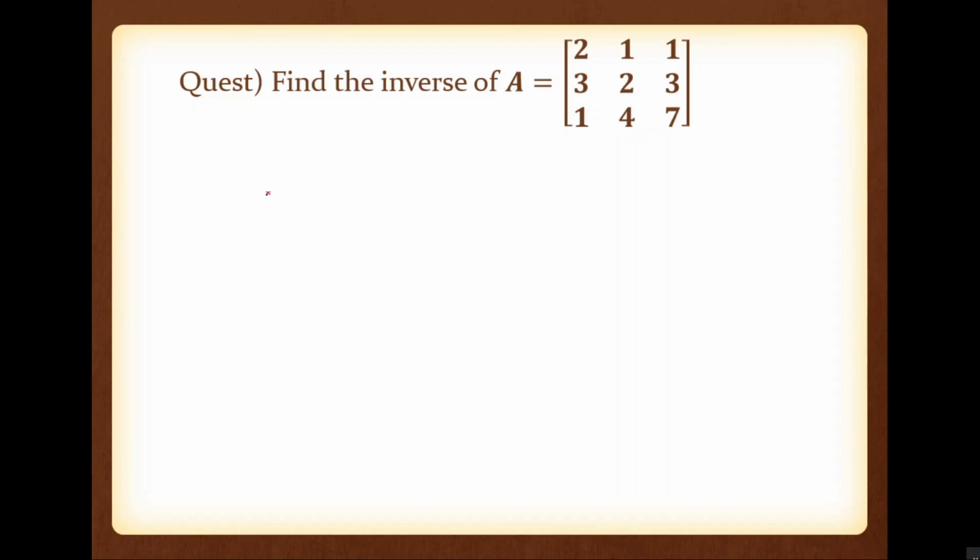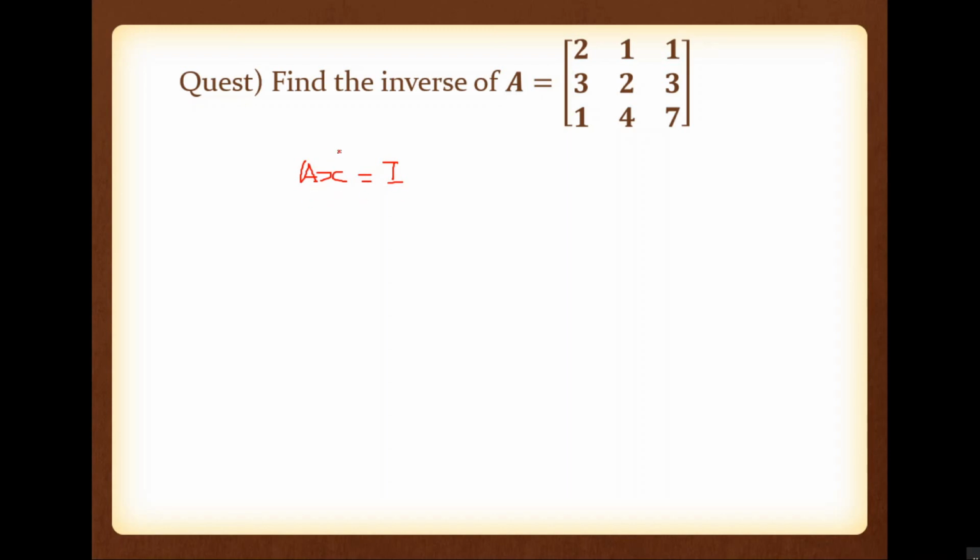Inverse of A means if you are writing Ax equal to I, then x is equal to A inverse into I. If Ax equal to I, then x is nothing but A inverse.